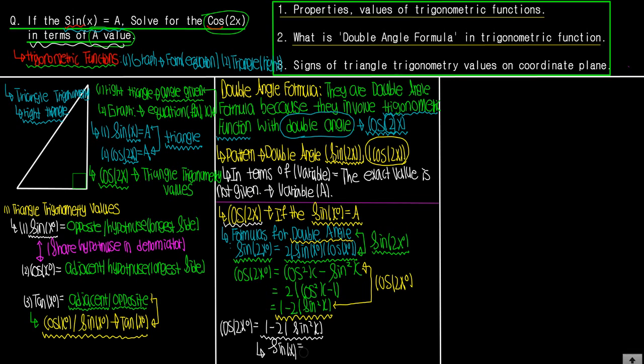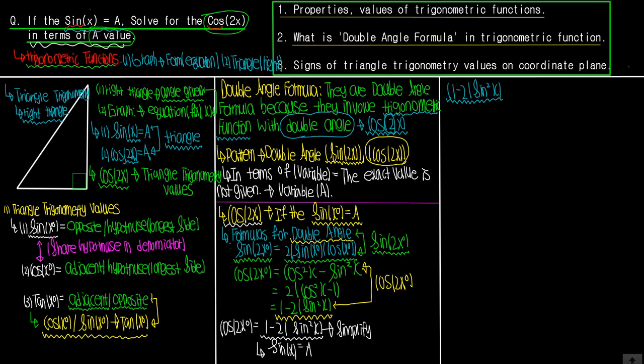The sine of x is inside the expression, so we need to simplify it in order to know what the value is going to be. So the first thing is 1 minus 2 times sine squared x. All we have to do is simplify this formula and input our value for sine squared x.